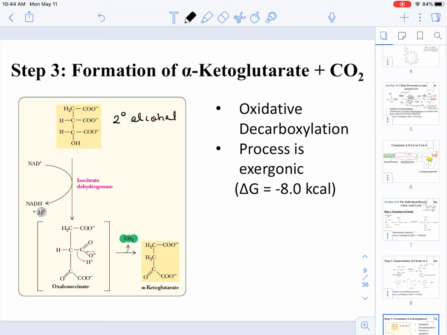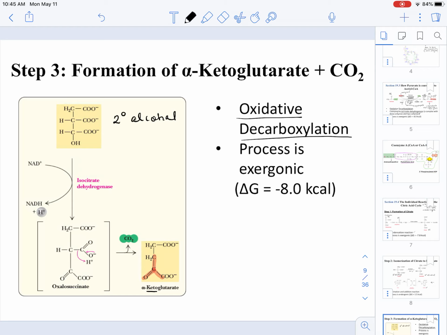And as you can see here, the keto portion of alpha-ketoglutarate comes from the formation of this ketone. In the process, we're also releasing CO2. So that's why the reaction to convert isocitrate to alpha-ketoglutarate is known as oxidative decarboxylation.